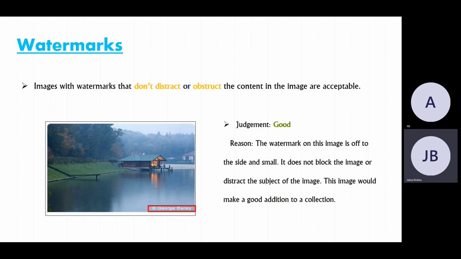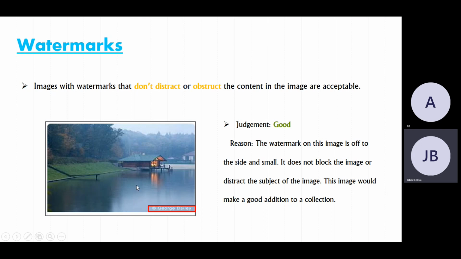Coming to the watermark, this is a watermark concept where you'll have an image, and on the image, if you find any watermark, and if it is distracting you, or if it is obstructing you, then we have to mark it as bad.